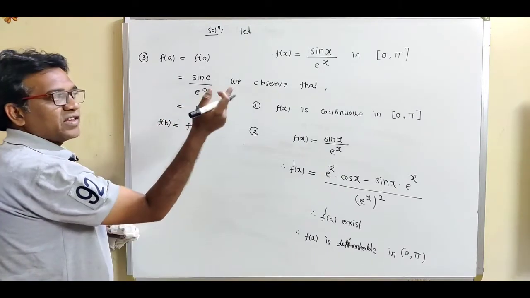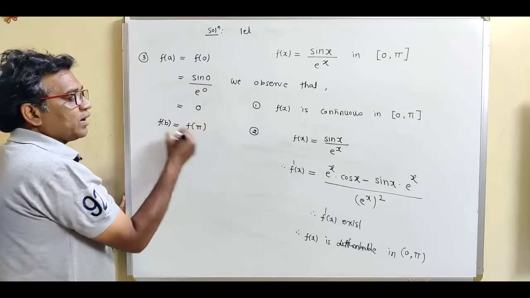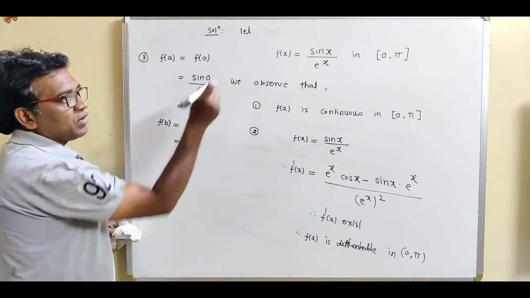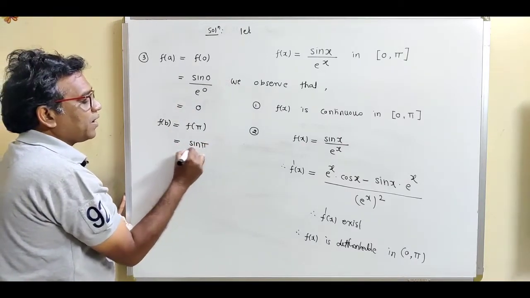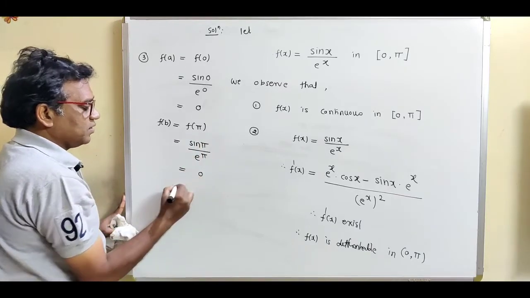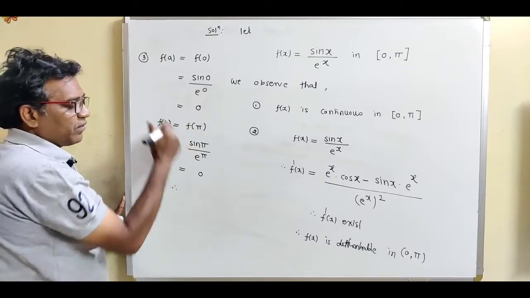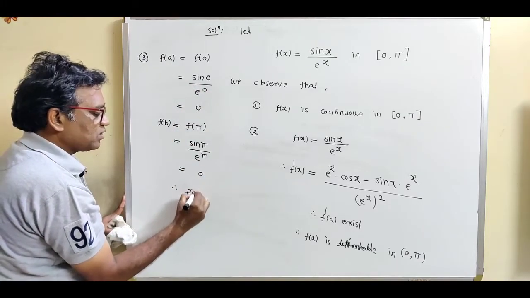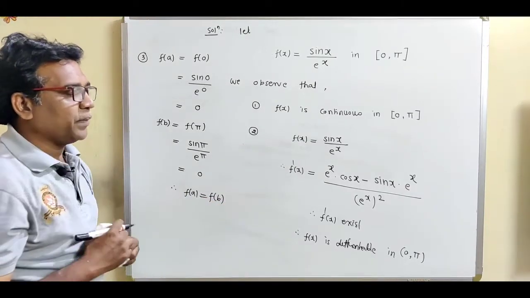B means the end point, that is pi. Let us put x equal to pi in the given function: sin pi divided by e raised to pi. Obviously sin pi is 0. So what is the conclusion? The value of f(a) is 0, the value of f(b) is 0. The value of f(a) is the same as the value of f(b).